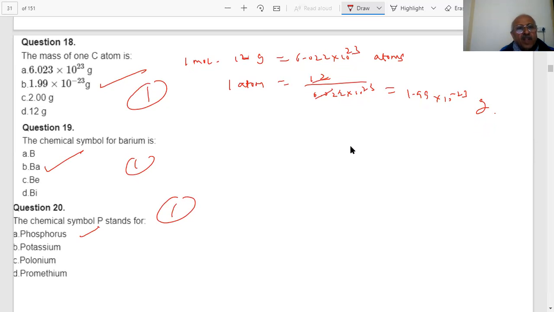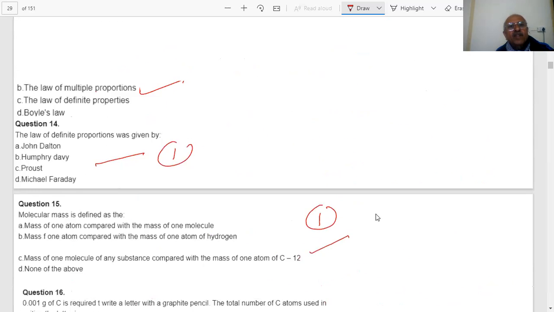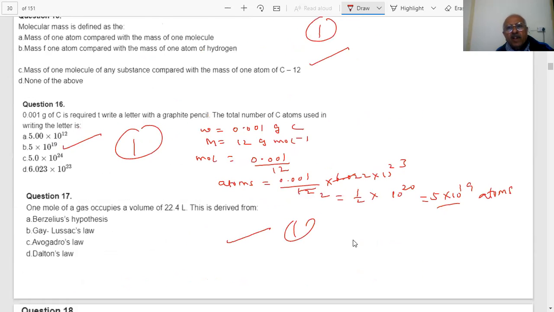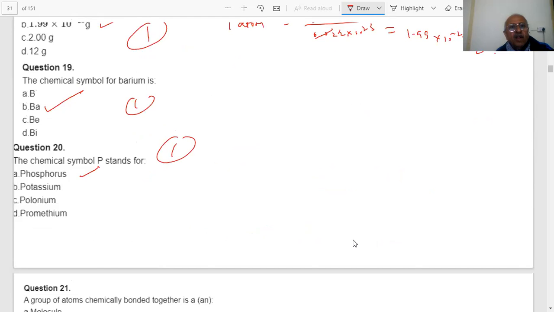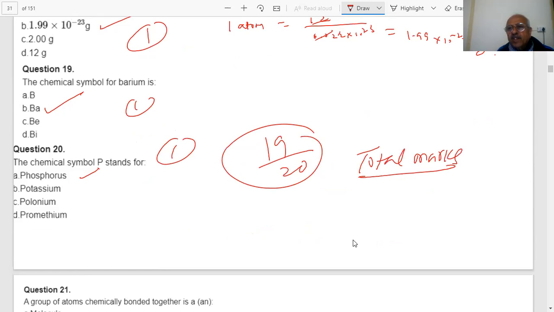So students, in this case, how many questions have been answered by you? You have given 19 out of 20. So total marks obtained by the students: 33 out of 35.